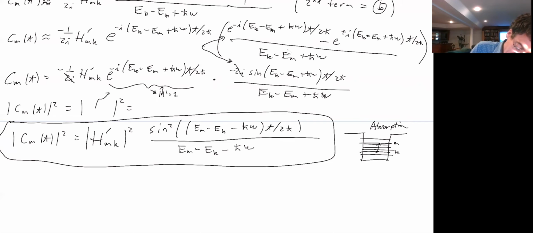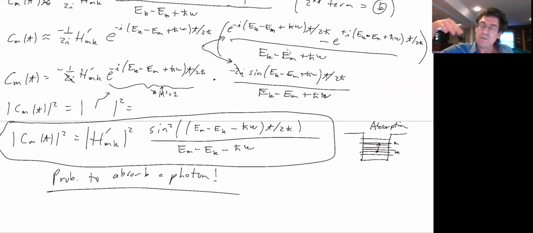You can think of this as the probability to absorb a photon. That's really what we've calculated. Because it's the electromagnetic wave at frequency omega, and that electromagnetic wave is a photon. And so this is the probability that we will absorb energy from that electromagnetic wave and go to a higher state. So that's absorption of a photon.